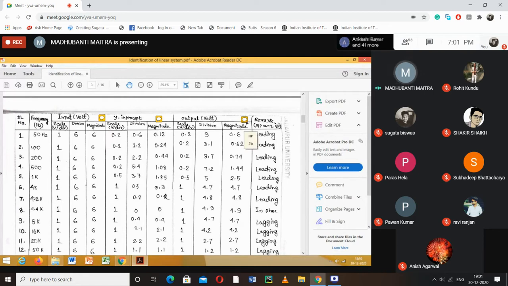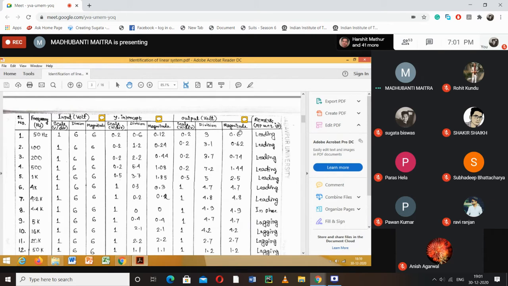Now let's come to this output. In the Y channel of the oscilloscope, or channel 2, we'll be able to see the output waveform, right? At this particular frequency, 50 hertz, the input amplitude is 6 volt, and if we perform the experiment, we'll see that the amplitude of the output sinusoid will be 0.6 volt.